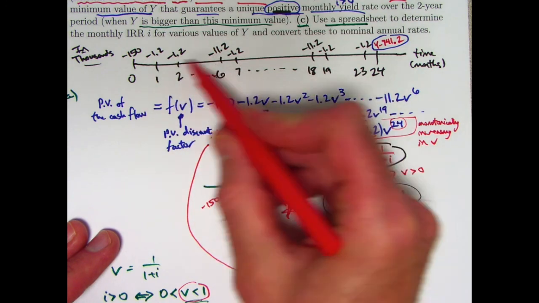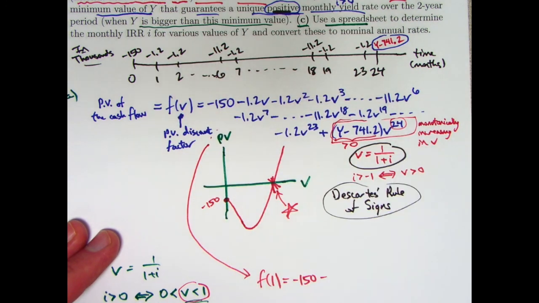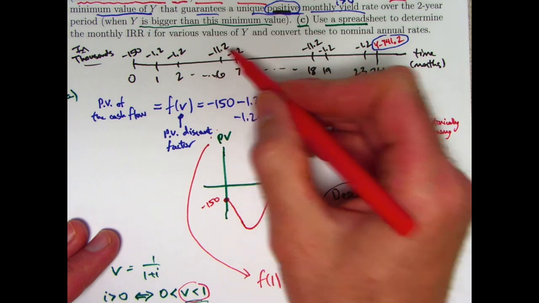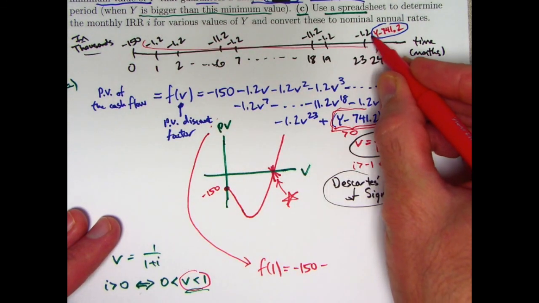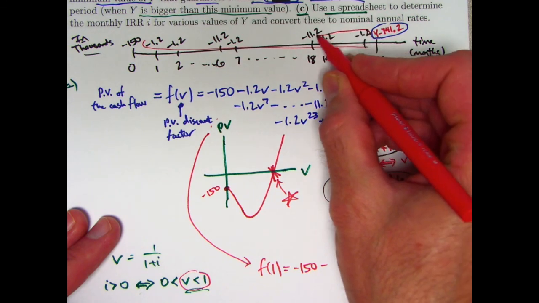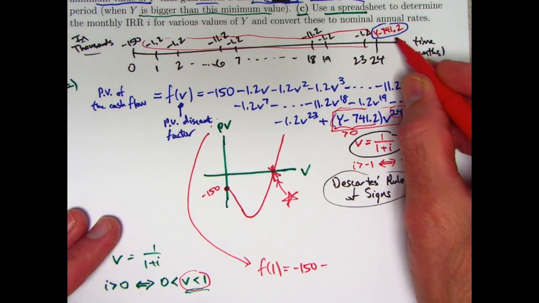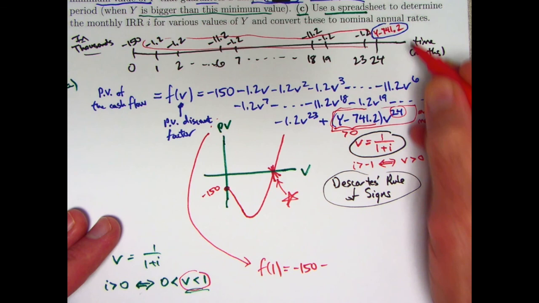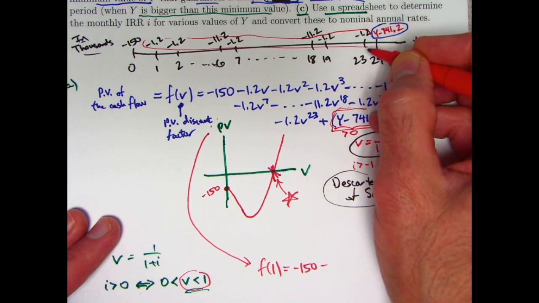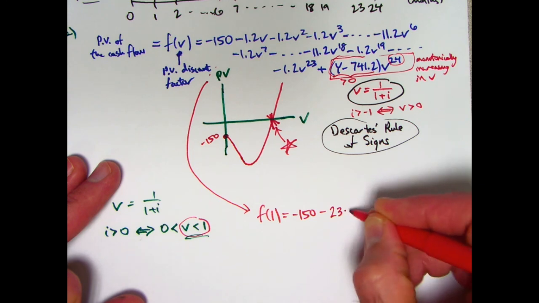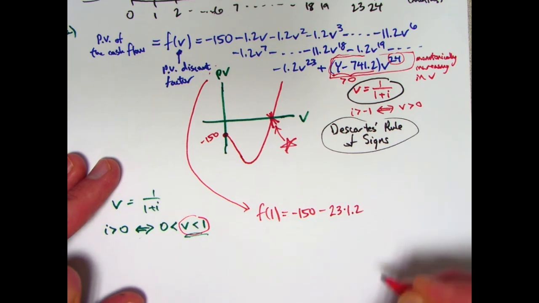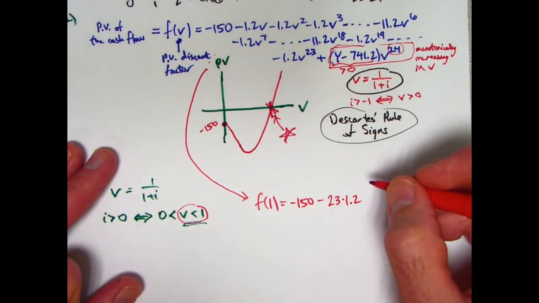Well, if we think of all the negative 1.2s as being in all these months put together, the negative 1.2 for the last month is already taken care of. There's 23 of those, including the months where we have to pay taxes. So I'm going to subtract 23 times 1.2.